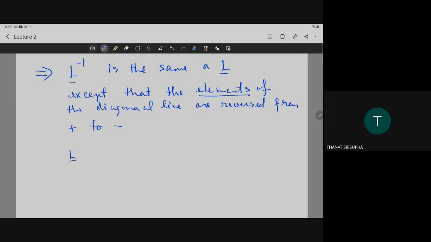For example, if L is equal to 1, 1, 1, 0, 0, 0, and earlier we have M32 of minus 1/3, right? Let me write it in red color, so it's a bit easy to see. Minus 1/3, okay?